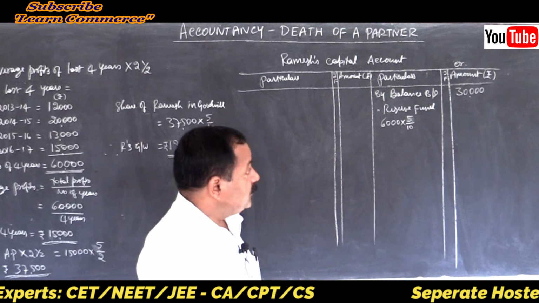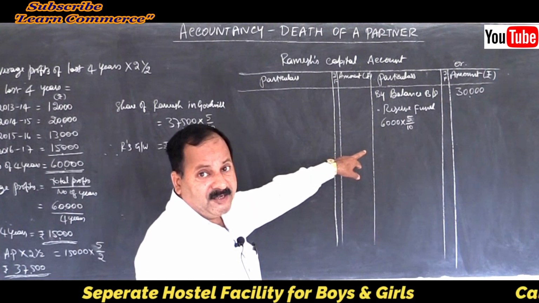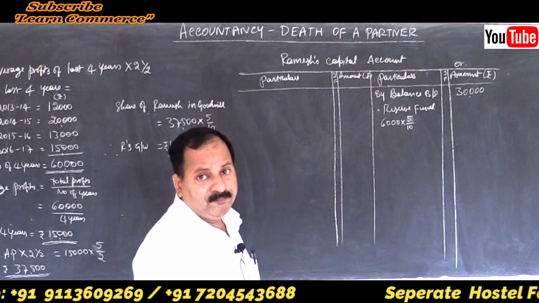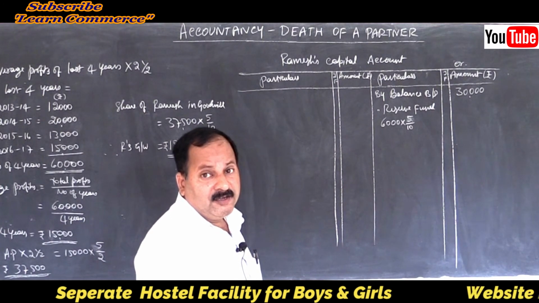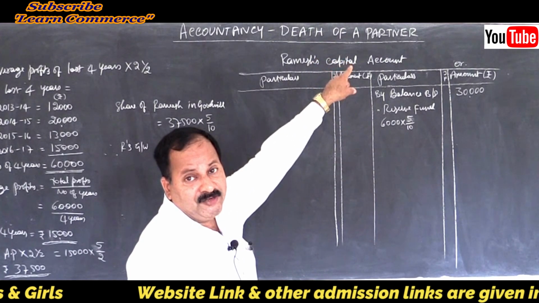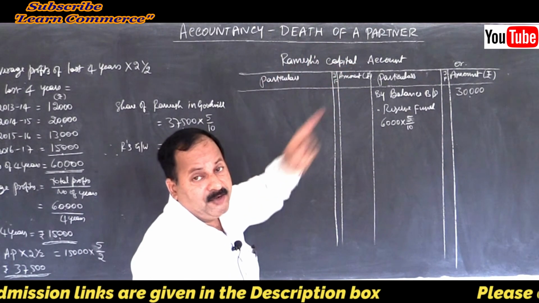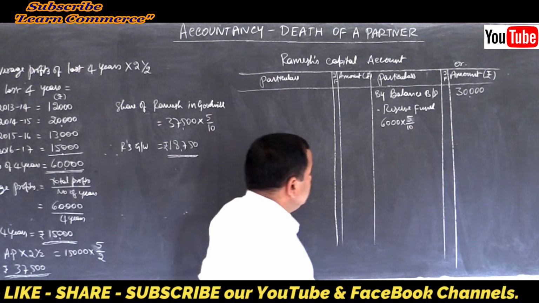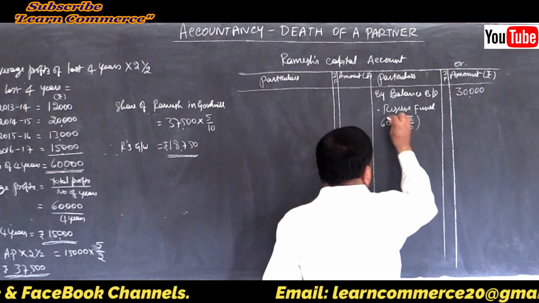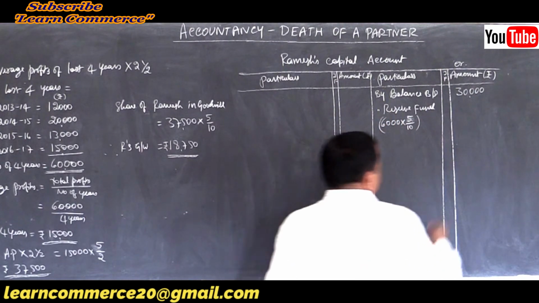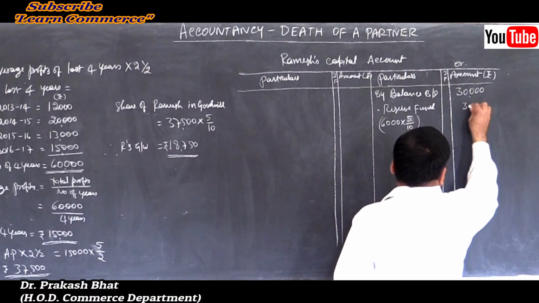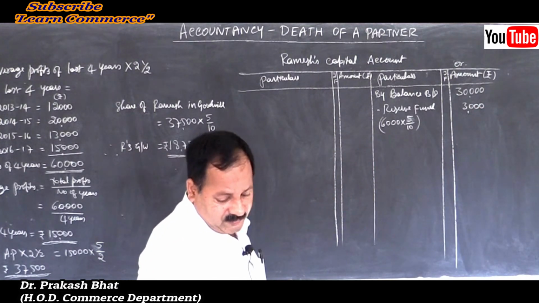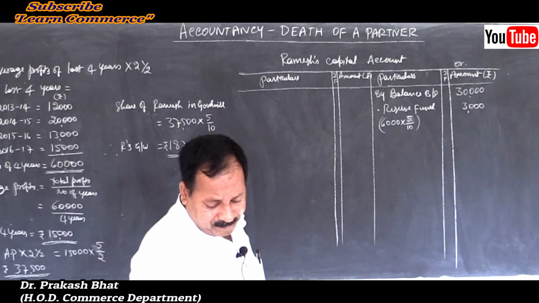So into 6 by 12. Is that correct? No, it is wrong, because the reserve fund is there in the balance sheet. It belongs to the previous year, not the current year. Remember this point very clearly. So 6,000 into 5 by 10, that is how much? 3,000. Write the amount. 3,000. Is that correct? Then move on to the next part.